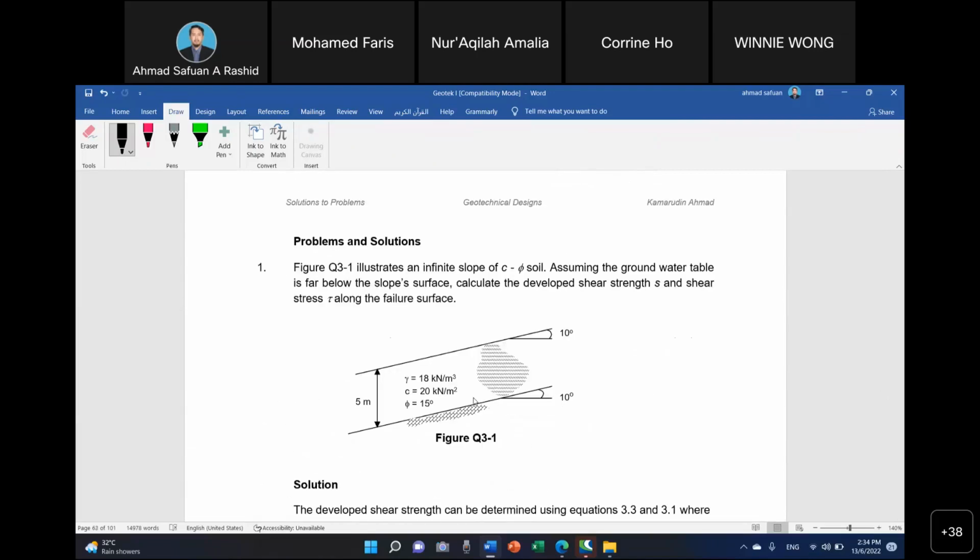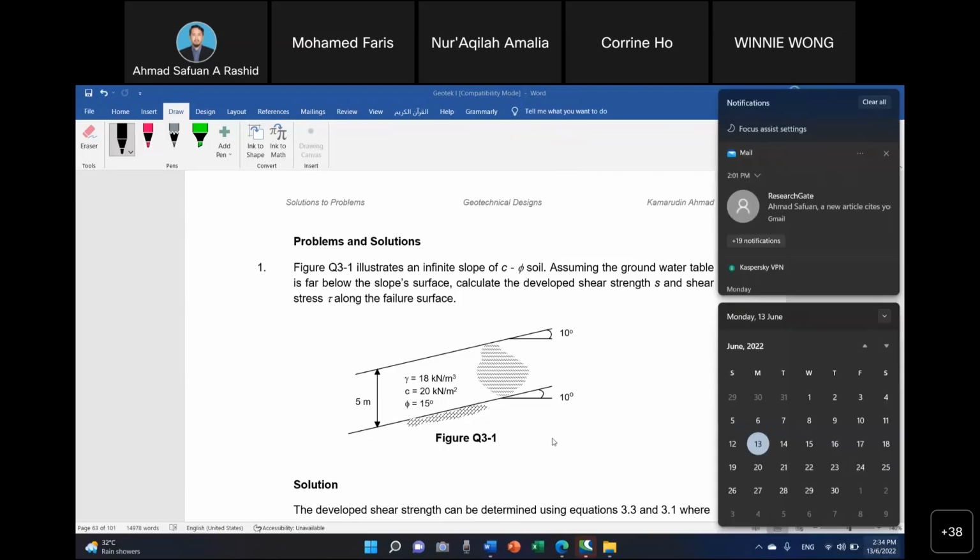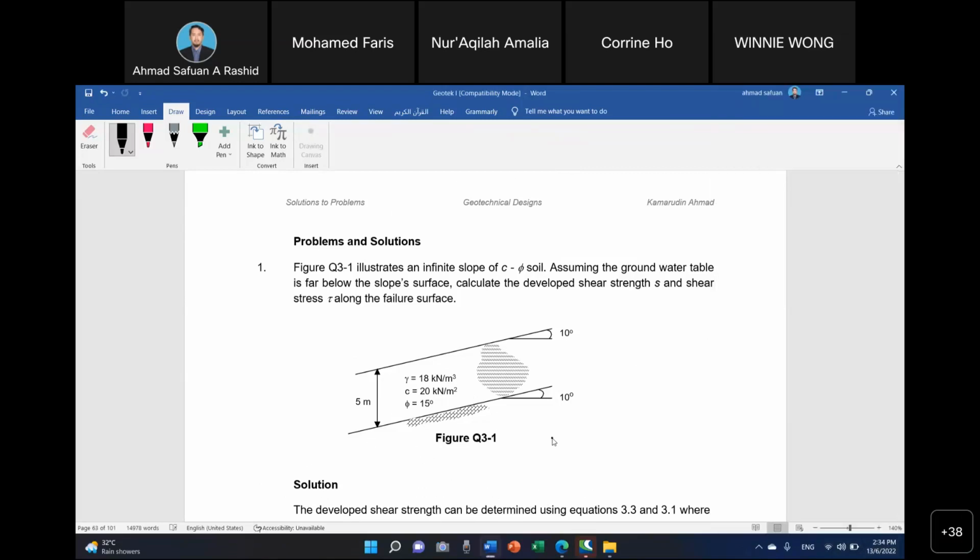Okay, so now we move to the problems and solutions. Figure Q3.1 illustrates an infinite slope of C and phi soil.